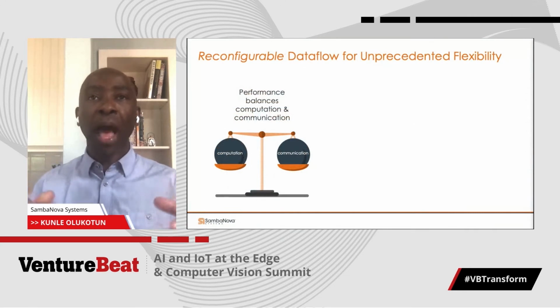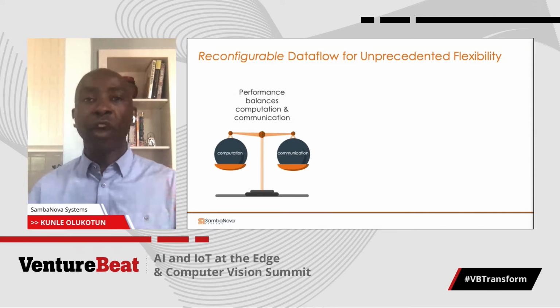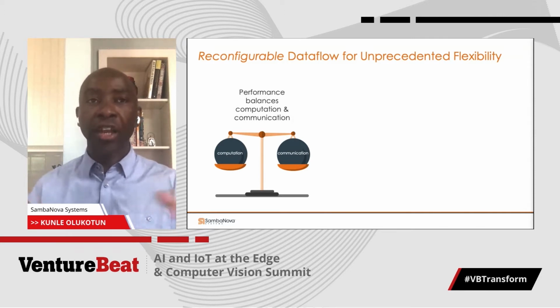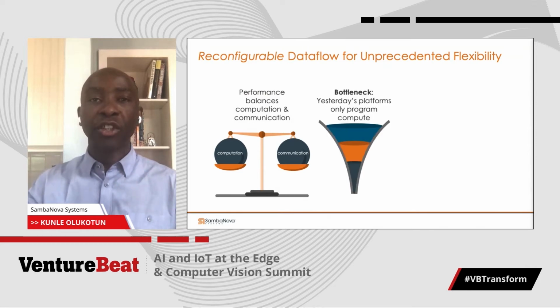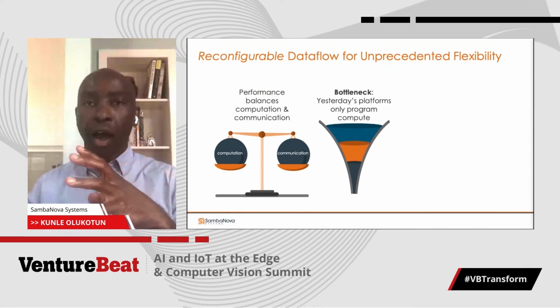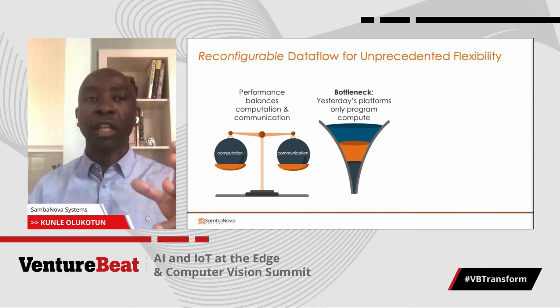And so when you're thinking about designing a high performance system, there are two key things that you've got to balance: computation and communication, in order to get high performance. And traditional architectures like CPUs and GPUs allow you to program the computation, but they don't really allow you to program the communication, the data flow.